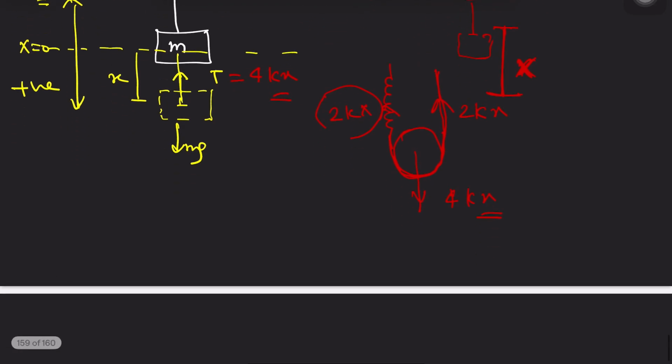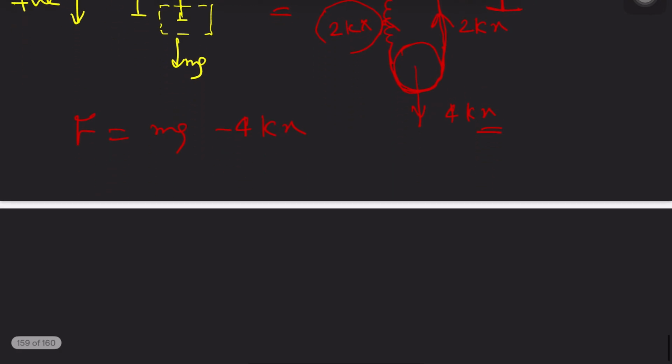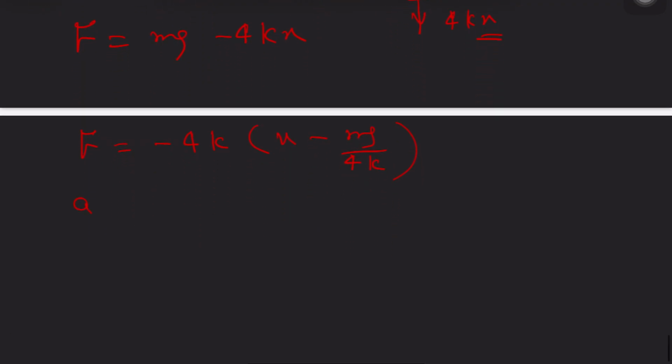Now if I write down the force equation, it is simply mg minus 4kx. If I take minus 4k common, I get x minus mg by 4k. And acceleration is equal to minus 4k by m times (x minus mg by 4k).